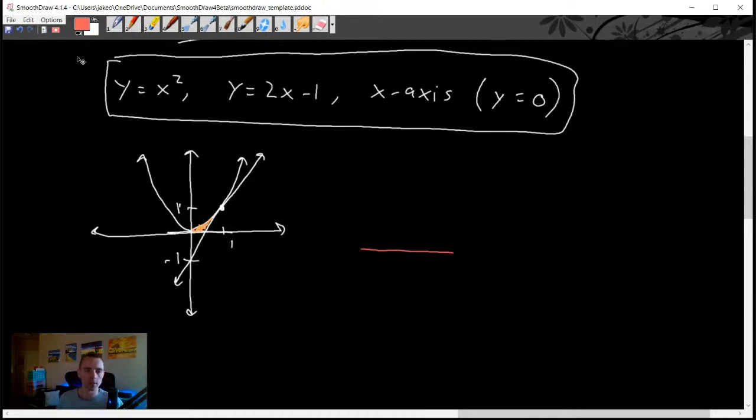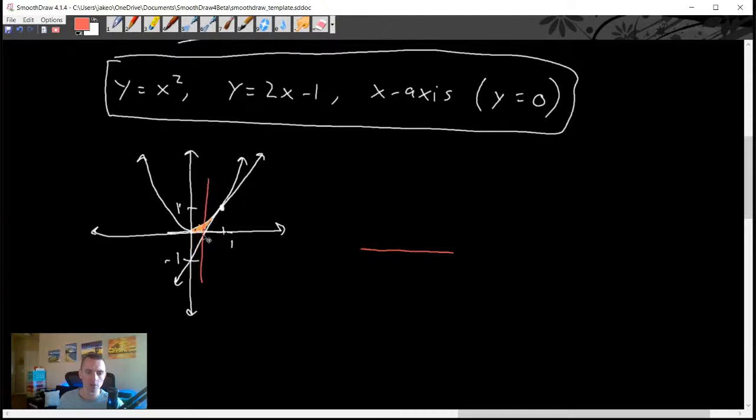Okay, so let's think about what it looks like if we have a vertical line going through the whole way. Things don't quite work out the same way, because let's think about as we go from the left to the right. Right here at this little corner spot, as we first start getting into this, the bottom edge of this orange region is the x-axis, and the top edge of this orange region that intersects with this line is the parabola.